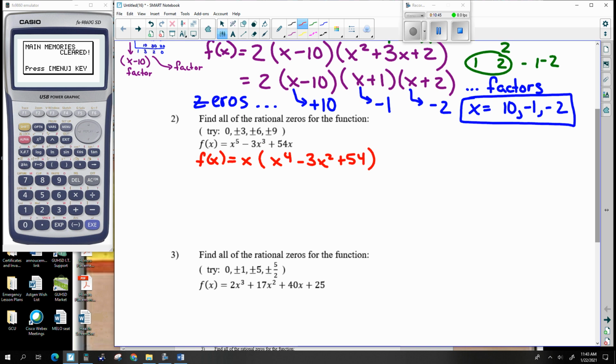My bad. I can simple ABC 54. It's 1, 54, 2, 27, 3, 18, 4, no, 5, no, 6, 9. Both positive or both negative. It doesn't work out very well.